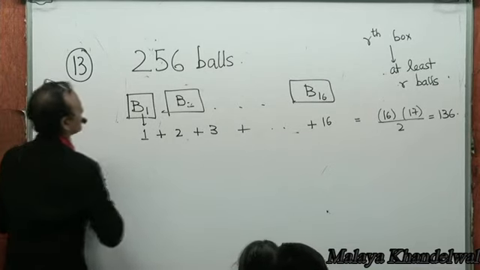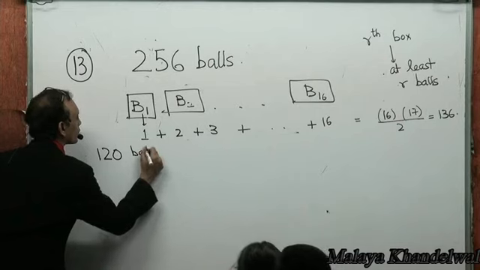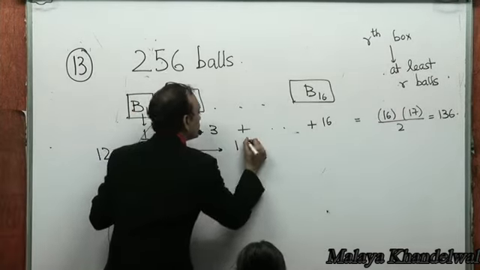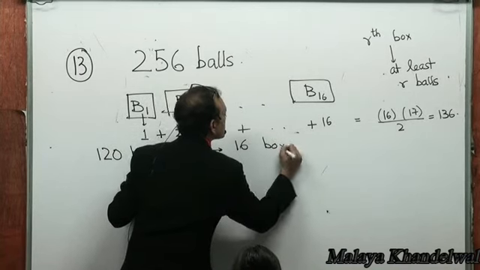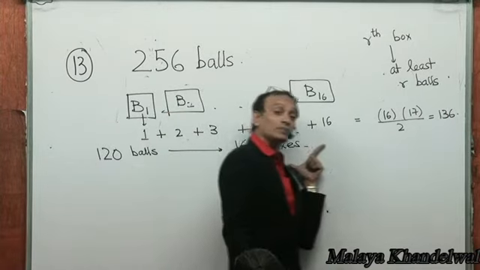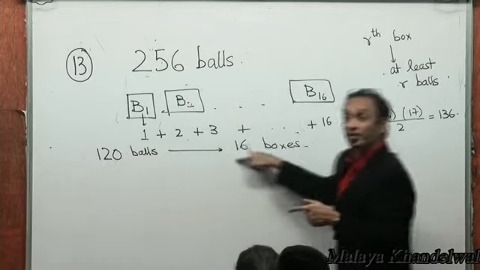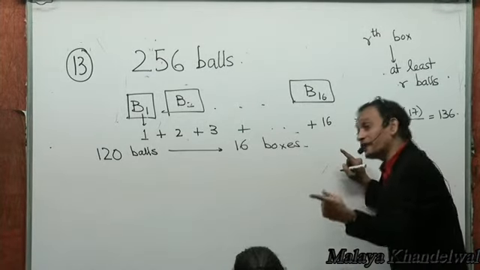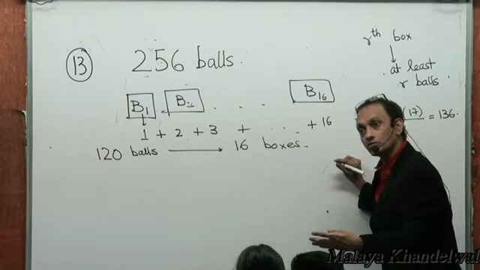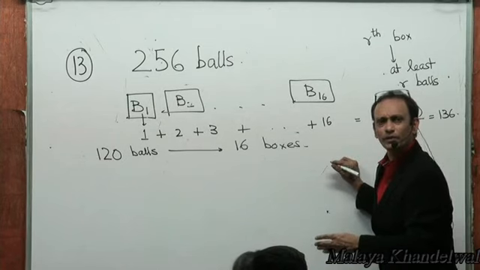Now how many balls remain? 120 balls remain. Identical, and they have to be now given into 16 boxes. N things to be distributed in R boxes, to be given to R people, with one or more persons getting nothing. Yes or no? That is N plus R minus 1 C R minus 1. Do you remember that?